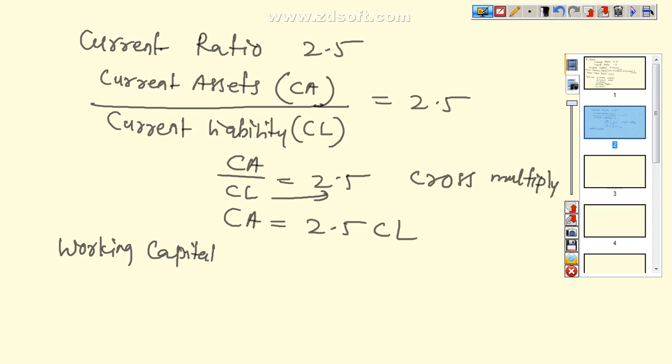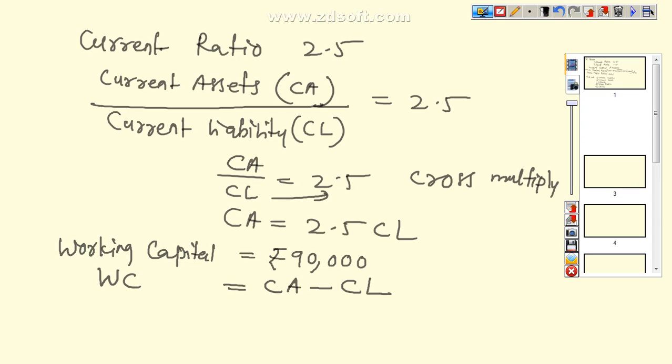So working capital is equal to current asset minus current liability, that is 90,000 is equal to current asset minus current liability.